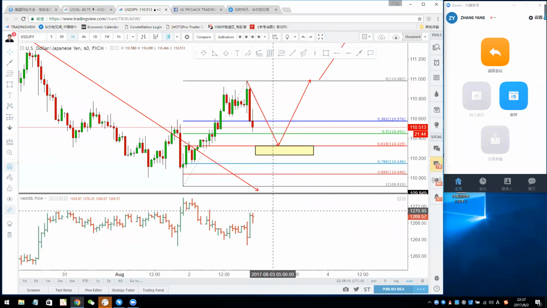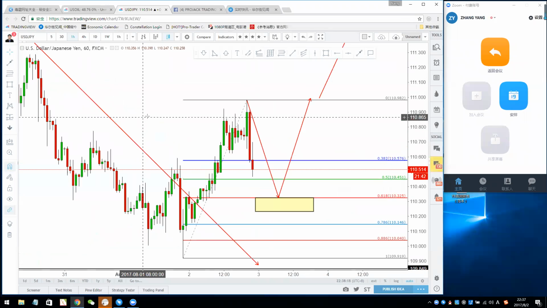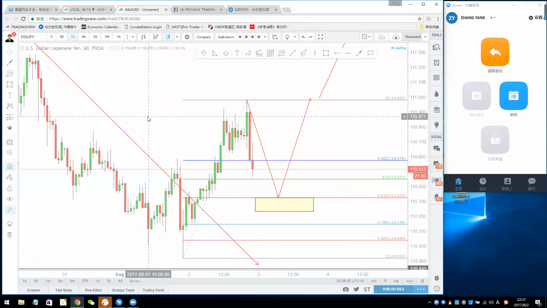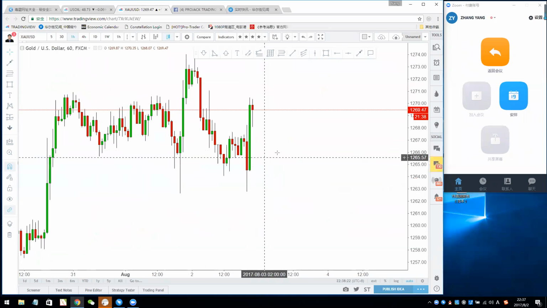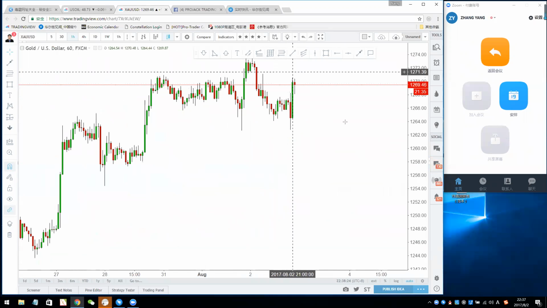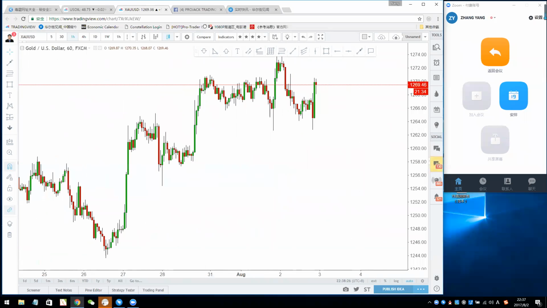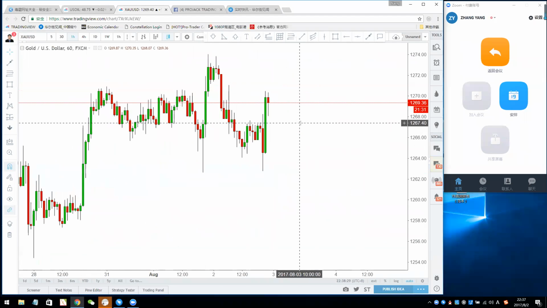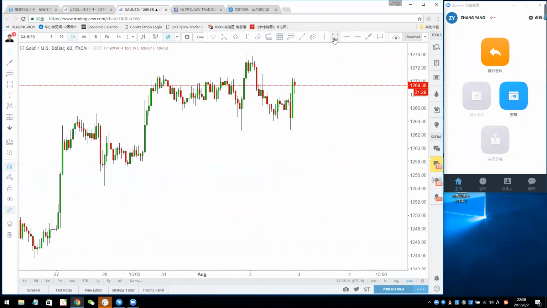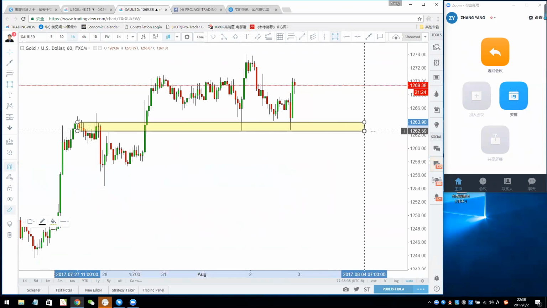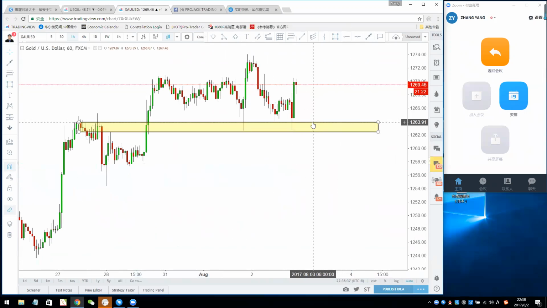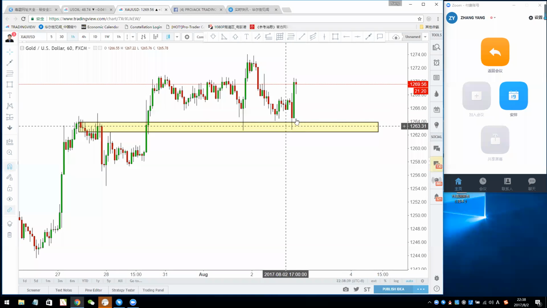For the gold, just now I mentioned, see here, the gold goes up. Today in my Chinese students group, I said that with gold we can consider buying from here, from 1263. Now we have almost a 60 pips move.